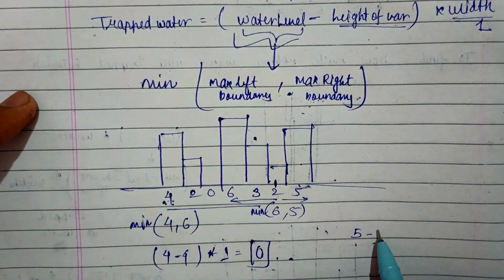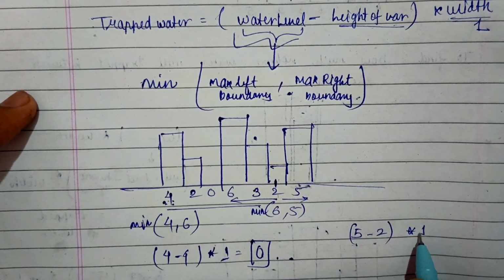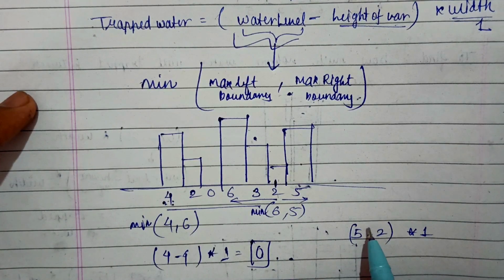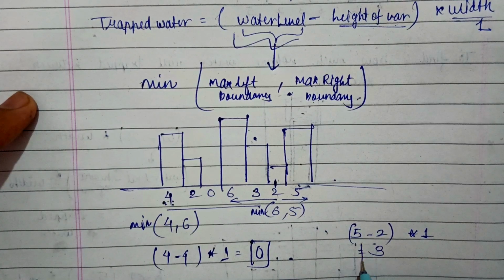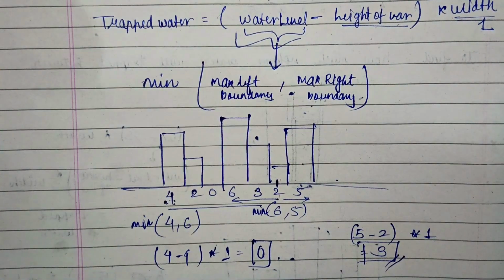The bar size is 2 into 1. So this bar will trap the water 3. Like this we can calculate each of the bars' trapped water, and then we have to add the total trapped water and we can get our solution.